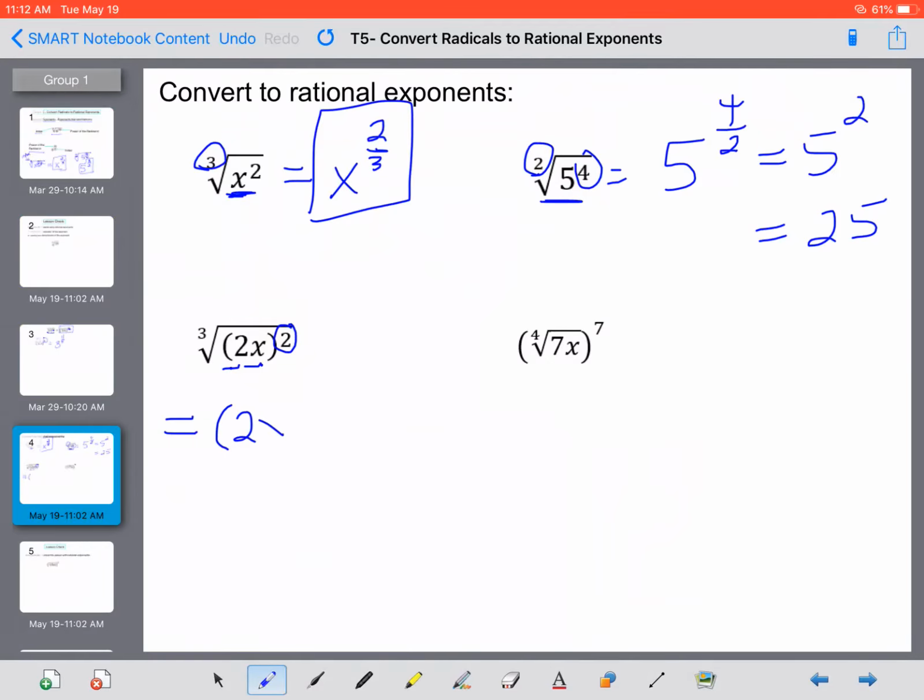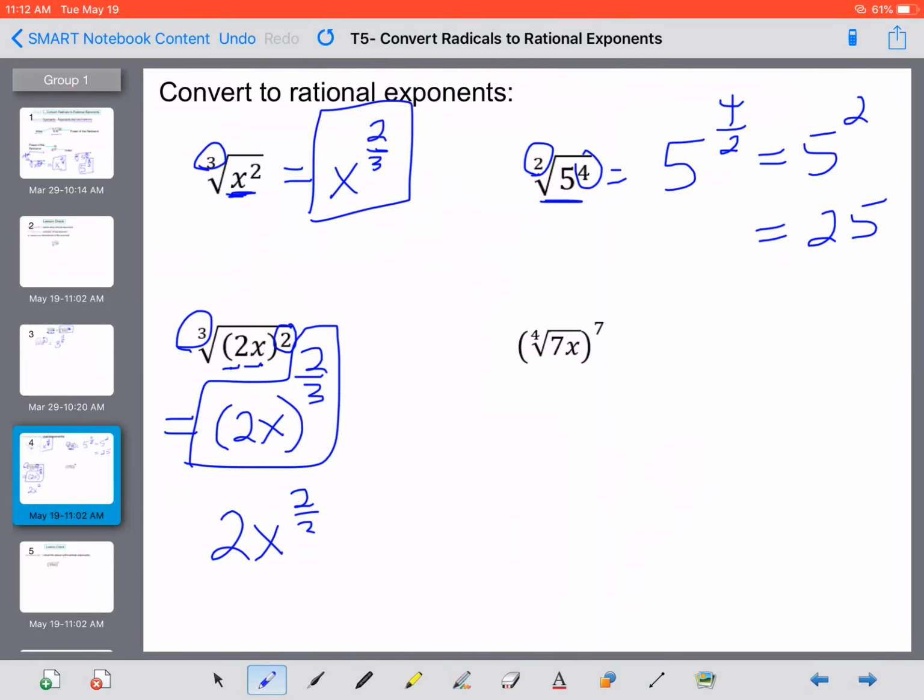The denominator is your index, so that would be 3. The numerator is 2. As long as you keep that in parentheses, you're okay. If you write it without parentheses, you're wrong, because the exponent would go only to the x, but it really needs to go to both factors. So you cannot do that.